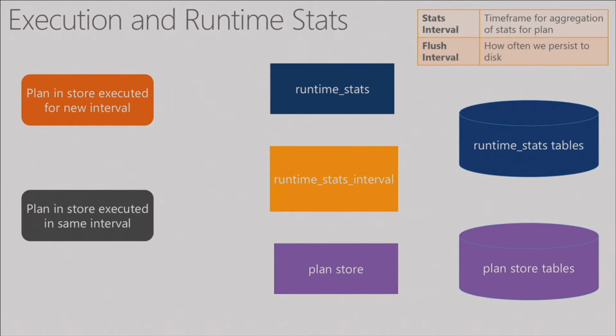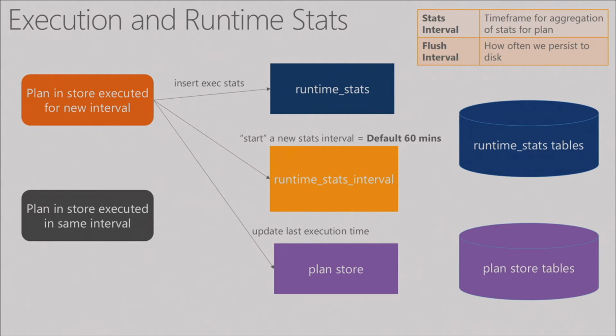When a plan in the store is executed for a new interval, which is important because, as I said, Query Store automatically maintains time intervals, granularity depends on the settings. The default is 1 hour, but it can be more granular.